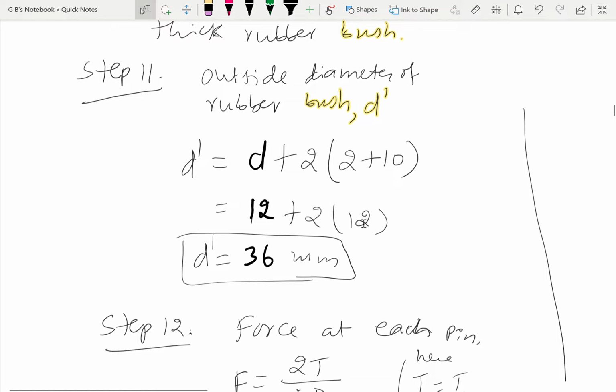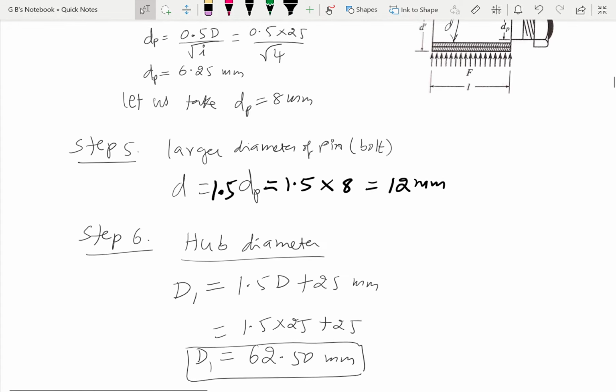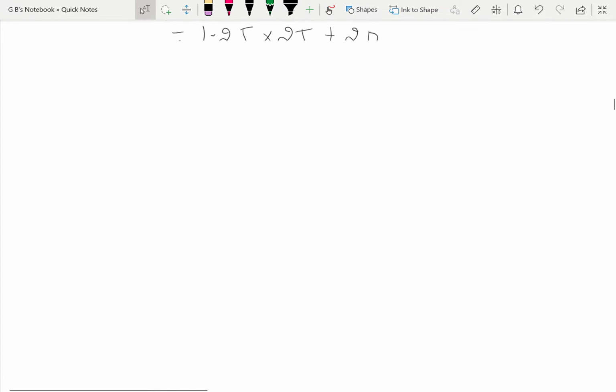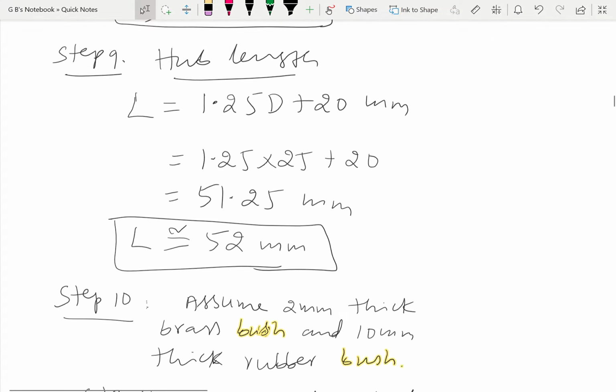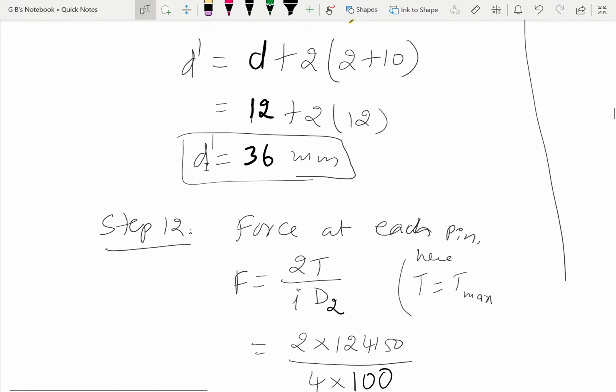So 2 plus 10 is 12, 12 into 2 is 24, 24 plus 12 is 36. D is the outer diameter, larger diameter of the pin, because we have taken it as 1.5 times the diameter of the pin at the neck. So we get 12 mm. So now we got outer diameter of the bush as 36 millimeter.